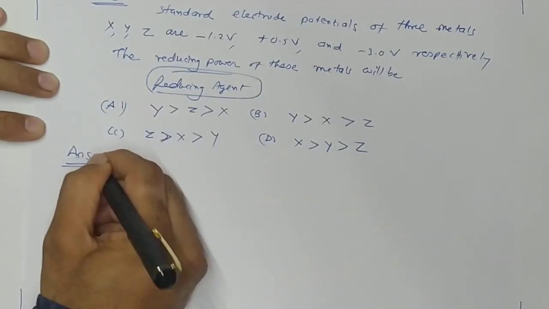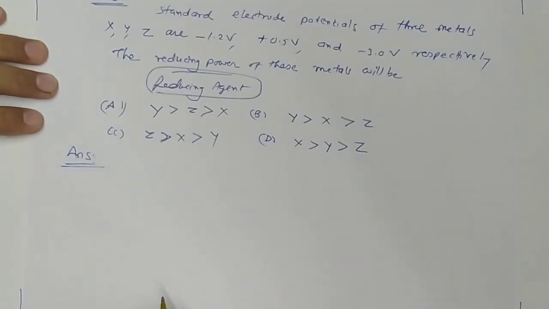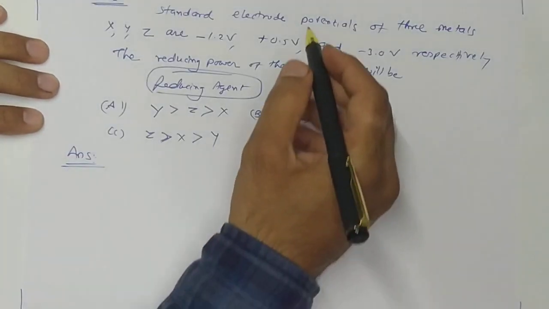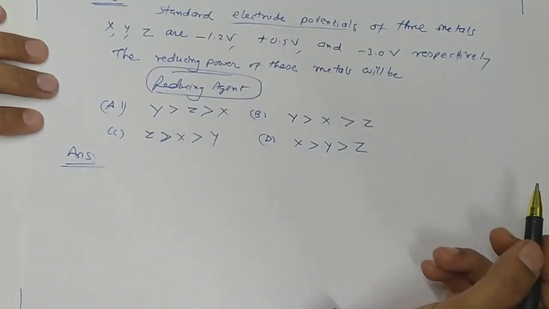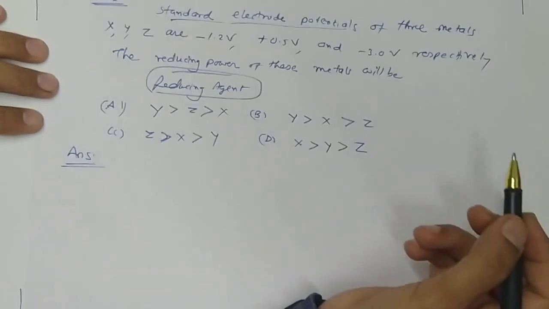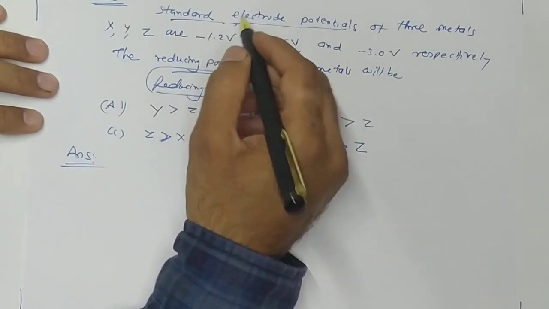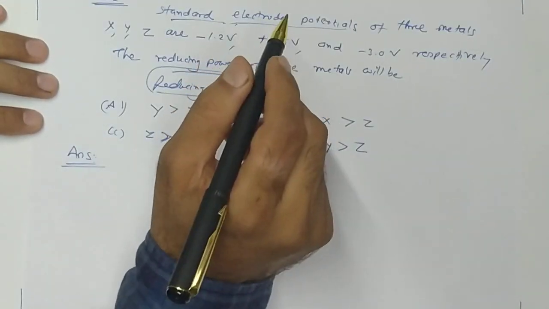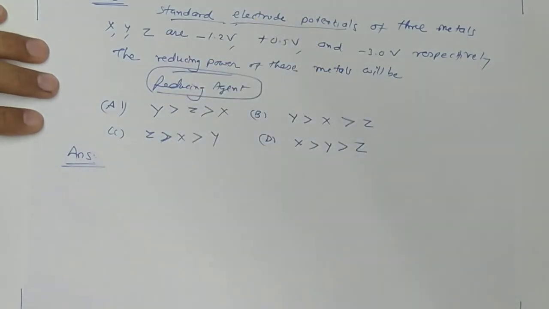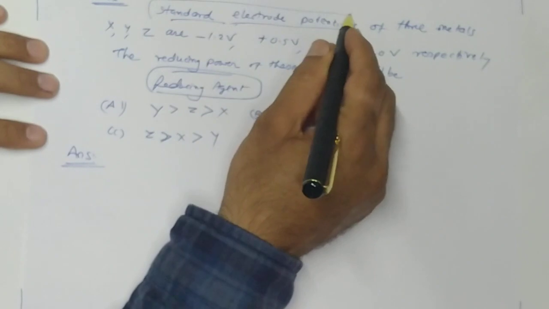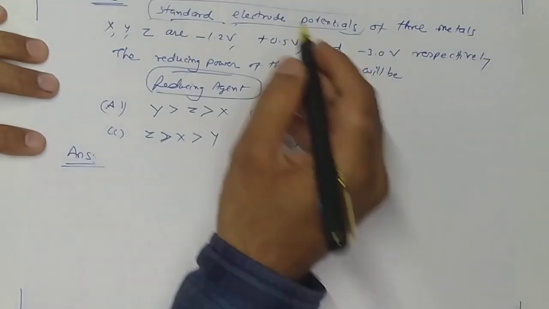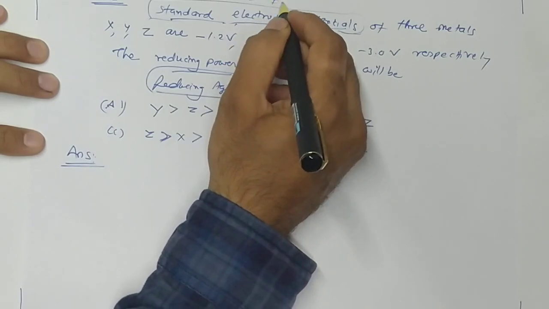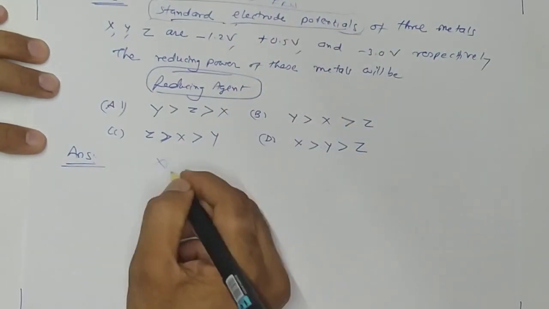So answer, three metals are given. Whenever not clarified which potential, which one? Standard. So always whenever it specifies oxidation potential, then we have to take oxidation potential. Whenever there is not any type of indication given, which type of electrode, so we have to take only reduction potential.